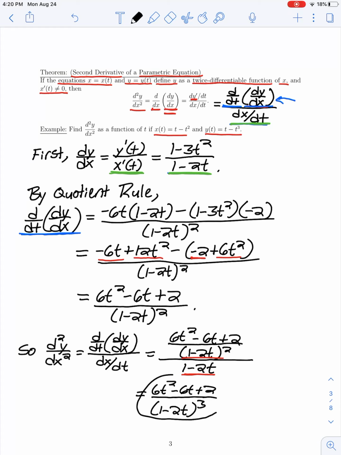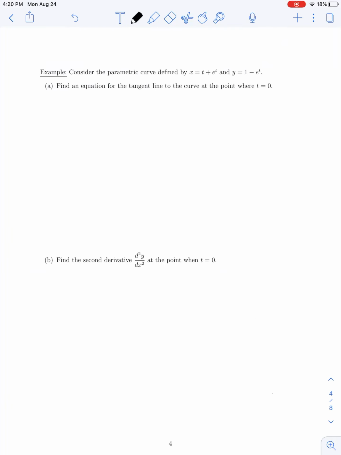So this would be our expression for the second derivative of that parametric curve y with respect to x. And this second derivative can tell us some information about the concavity of that parametric curve. So let's look at one other example illustrating some applications of the first or second derivative for a parametric curve.